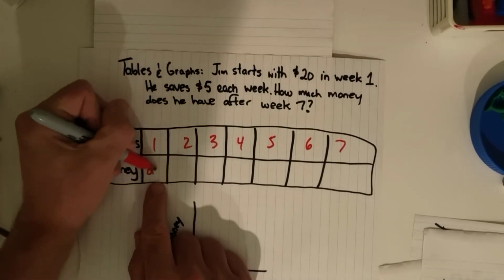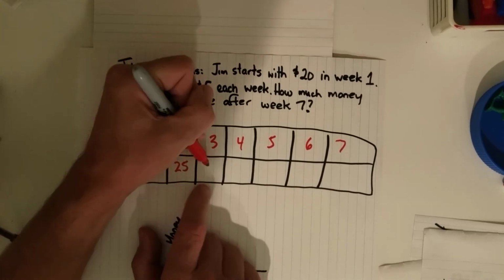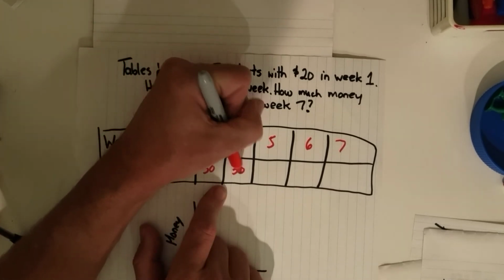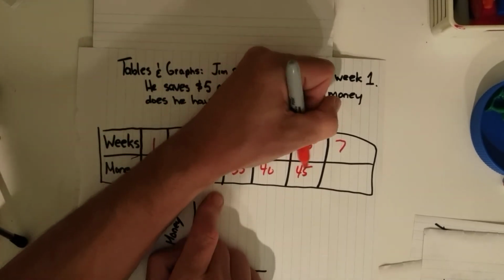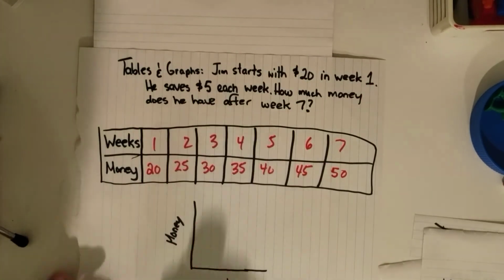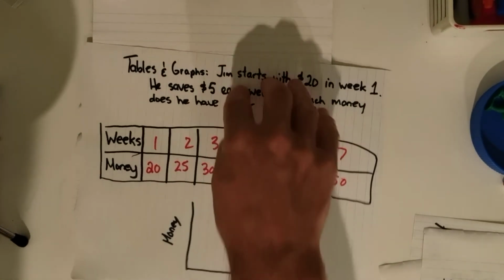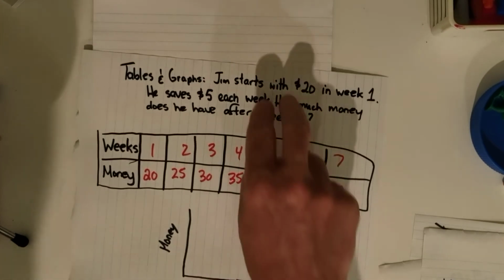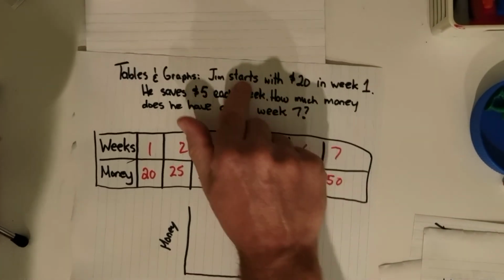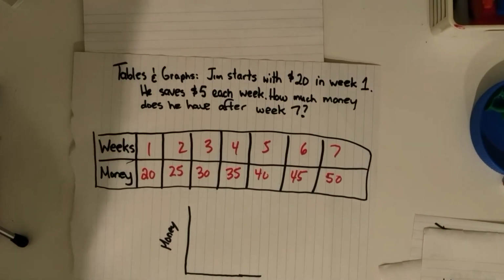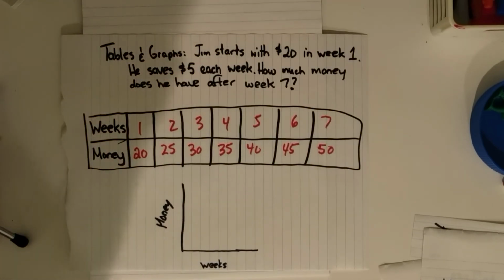Jim starts with 20 and then saves 5 more. And now he has 5 more, 5 more. So using a table can be a good way to show a pattern, especially when we're dealing with an application type question, a real situation. And we also practice graphing that information, which we're going to need to practice a little bit more this week.